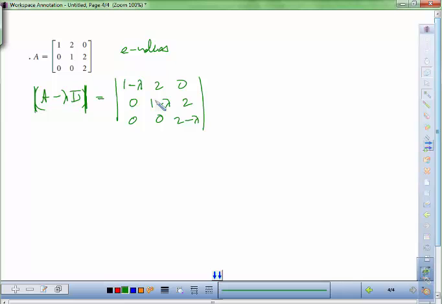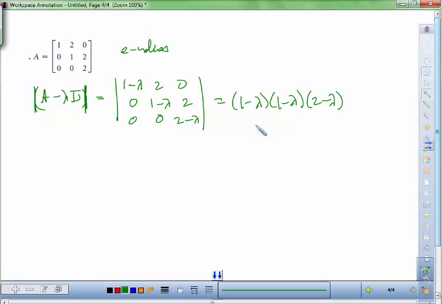Since this is an upper triangular matrix, your characteristic polynomial is just going to be the product of the diagonal entries. That's nice because we don't have to worry about factoring. It's already factored for us, and so we can immediately find our eigenvalues.